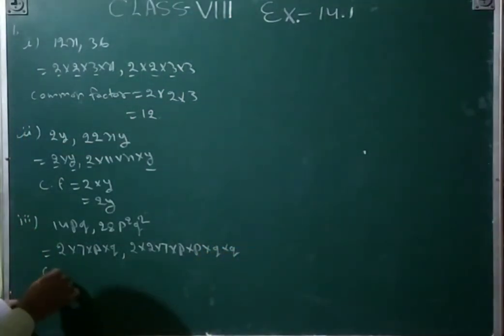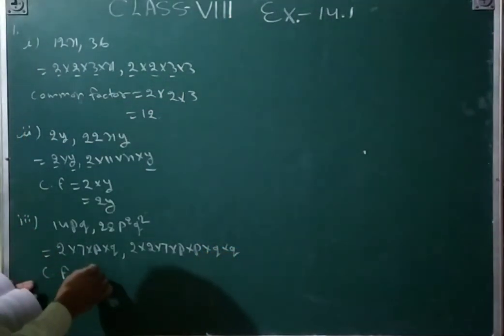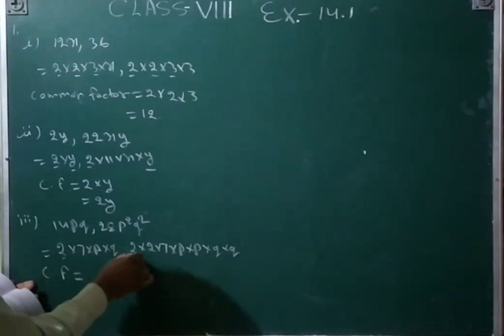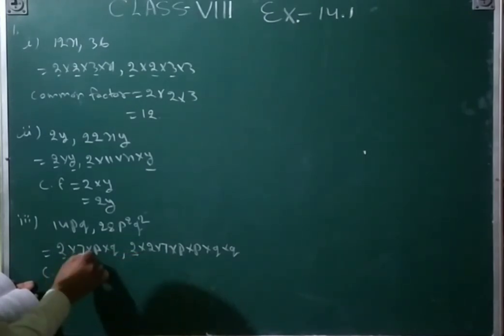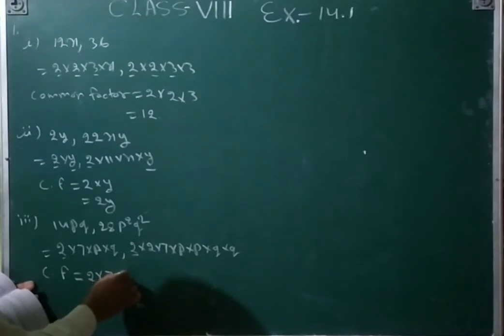So the common factor: 2 is matching, 7 is also matching, p is also matching, and q is also matching. Multiply them: 2 sevens are 14, pq.